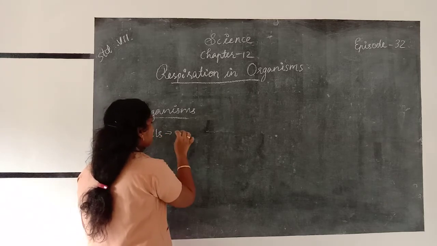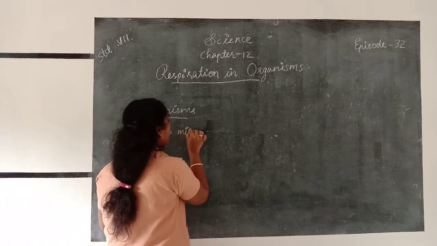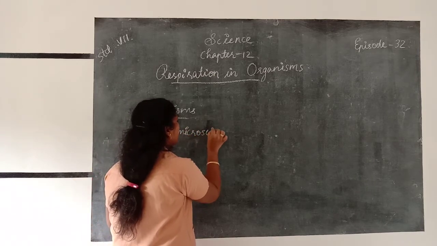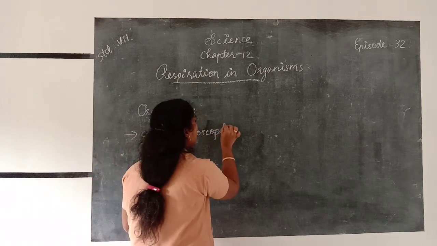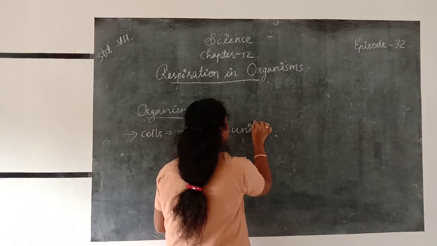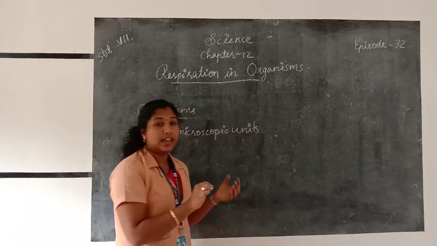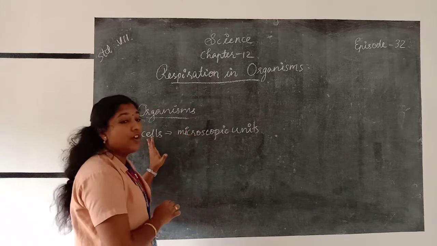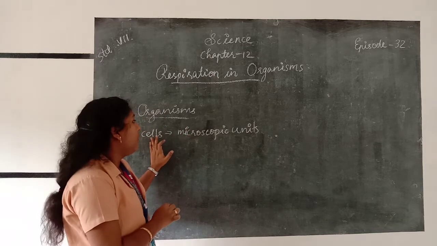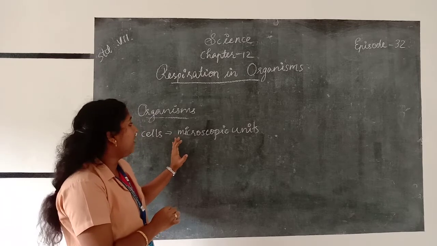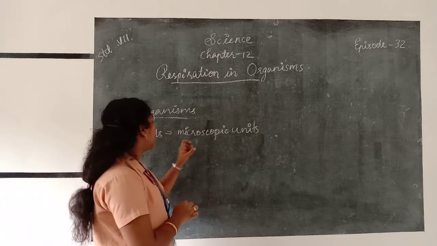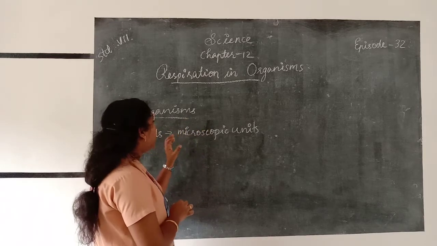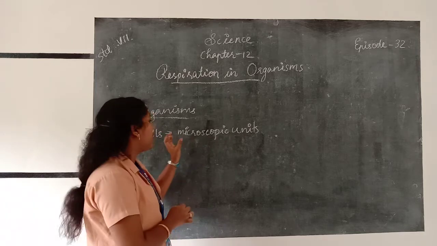Cells are microscopic units. All organisms are made of microscopic units called what? Cells. All of you understood?